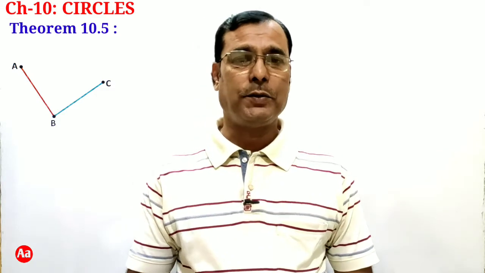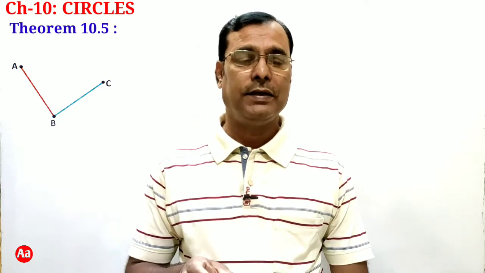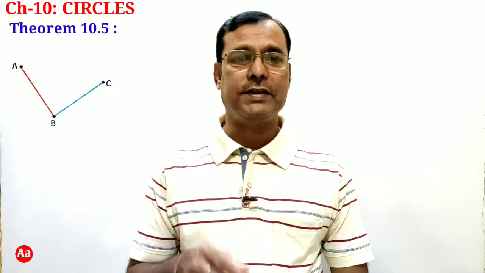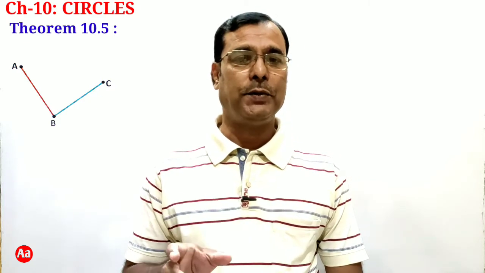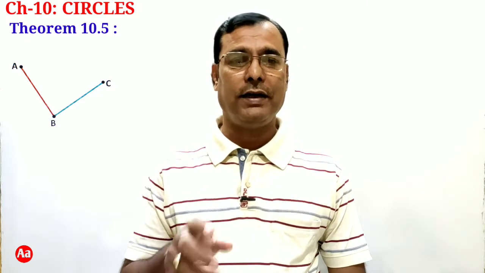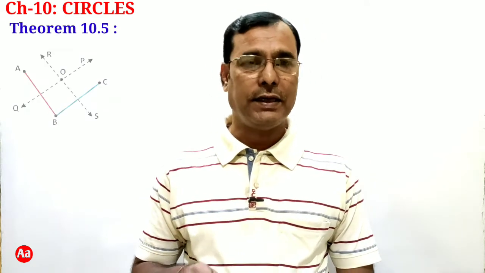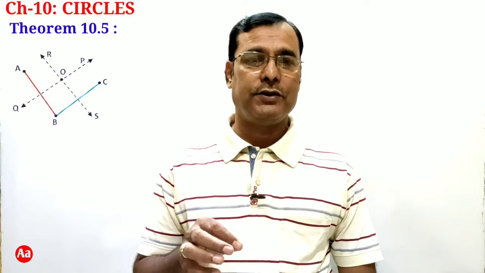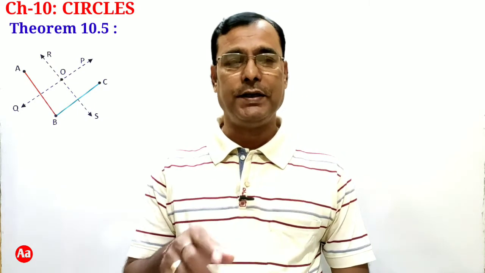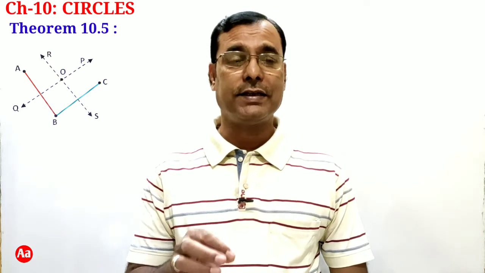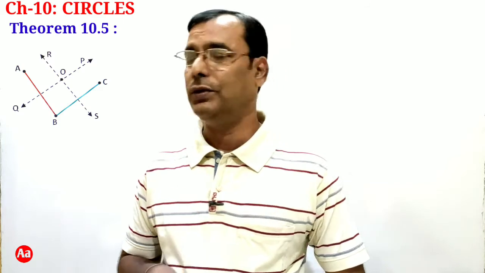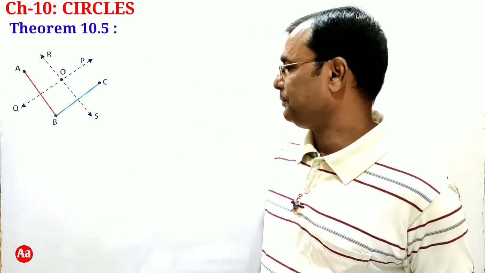Then construct perpendicular bisector PQ of line segment AB and perpendicular bisector RS of line segment BC, and let us suppose that these perpendicular bisectors intersect each other at O as shown in this figure.